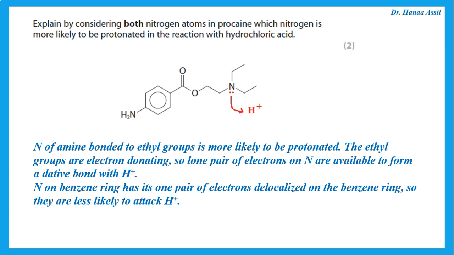You can see that the nitrogen of the amine bonded to ethyl groups is more likely to be protonated, because the ethyl groups are electron donating. So the lone pair of electrons on the nitrogen are available to form a dative bond with the H+ ion, while the amine on the benzene ring has its lone pair of electrons delocalized on the benzene ring, so they are less likely to attack an H+ ion.